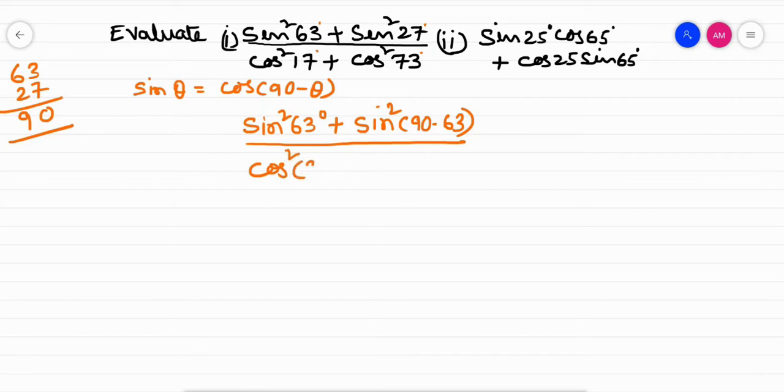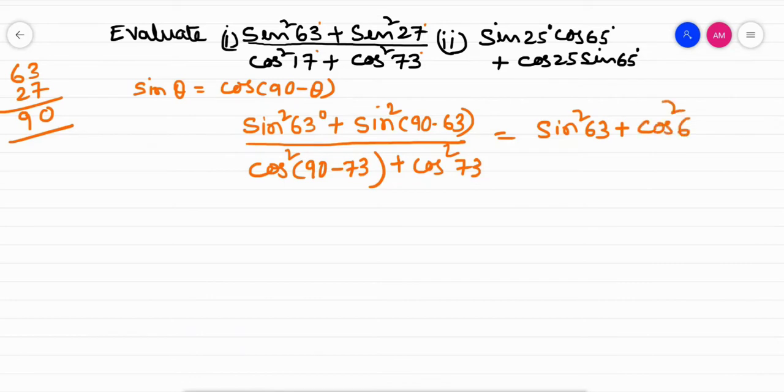Here also I am writing 90 minus 73 for 17 plus cos square 73. And now you see how it has changed. This will become sine square 63. Sine 90 minus theta is cos theta. So plus cos square 63 divided by, here cos 90 minus 73 is how much? Cos 90 minus theta is sine theta. So it will become sine square 73 plus cos square 73.